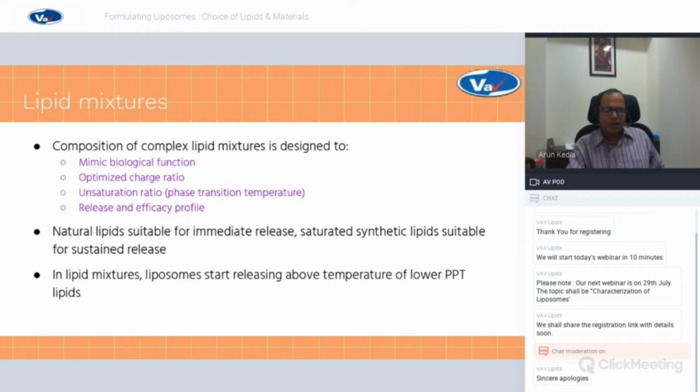But this is quite an interesting topic, because depending on the composition or the mix of DPPC and DSPC, you can actually control the release profile. So the Cmax, the Tmax, the AUC, all of these can be specifically designed for the desirable release profile.